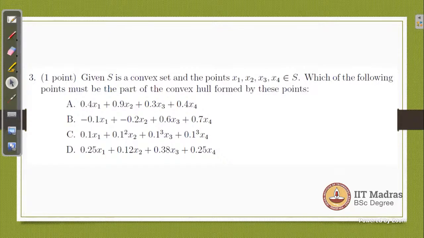Yeah, we are getting the answers. So this time we are getting many wrong answers also.